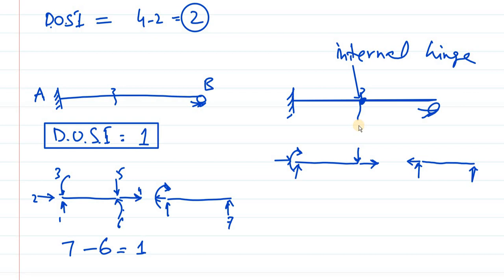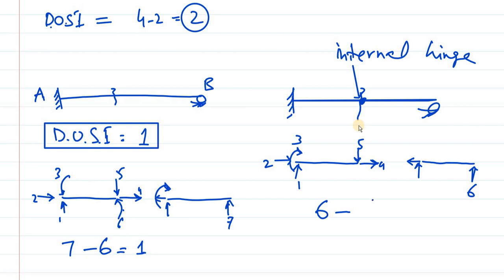So if we start counting now, we have 1, 2, 3, 4, 5, and 6 total unknowns, and we have 3 equilibrium conditions for each of these two segments.